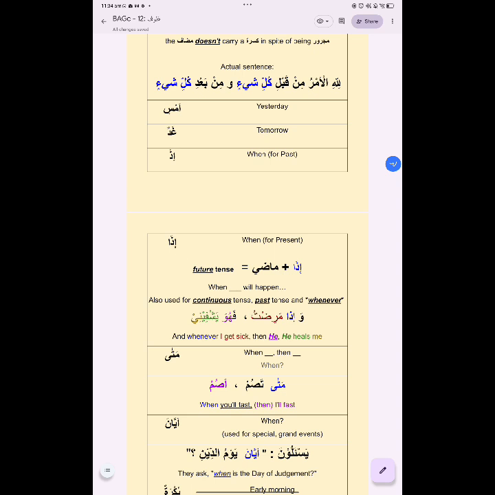Now there is an interesting thing here. Whenever idha, remember idha is for present, right? However, whenever idha is followed by any past tense, it actually translates into future tense. That will happen for sure, with a confirmation, with a surety. So idha with madi, with past tense, equals future tense.